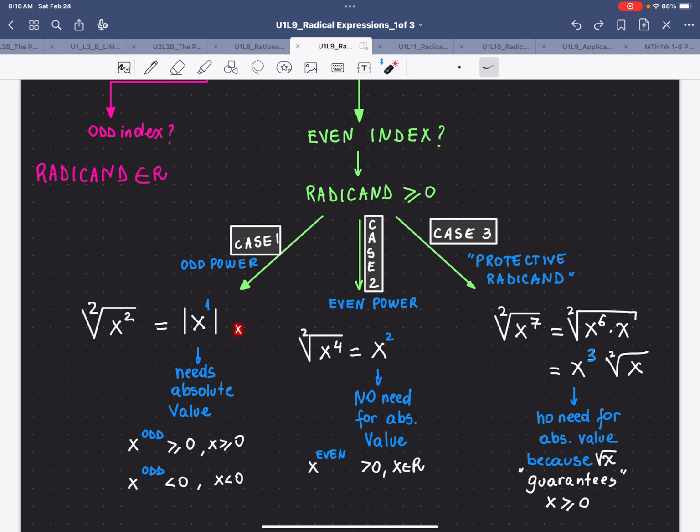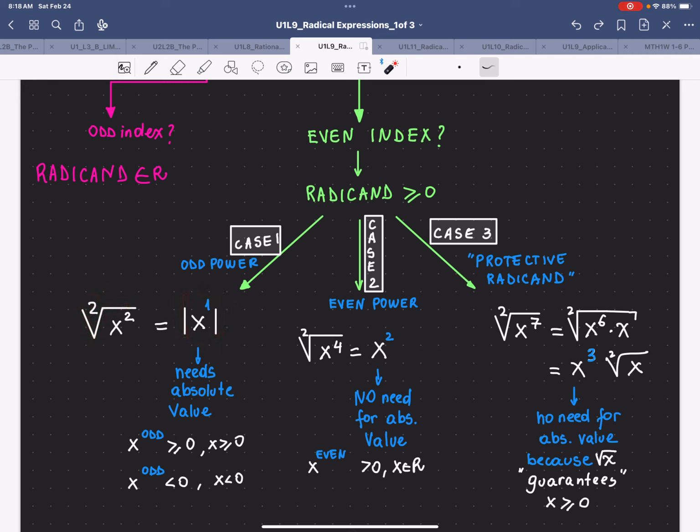Because if x happens to be a negative number, then if we stated that the root of x squared is simply x, then we would admit also that x can be a negative number, or the answer is a negative number. So in this case, to protect the answer from being a negative, remember, only for even roots, right? So we need to make sure that we put absolute values around the answer.